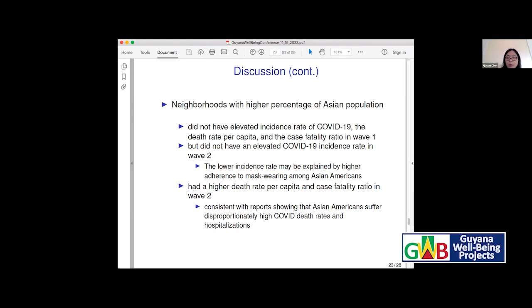So the local community already had knowledge that they needed to protect themselves. That's the reason we didn't see the elevated incidence rate in wave 1. We didn't see an elevated incidence rate in wave 2 as well, and this may be explained by higher adherence to mask wearing among the Asian community.